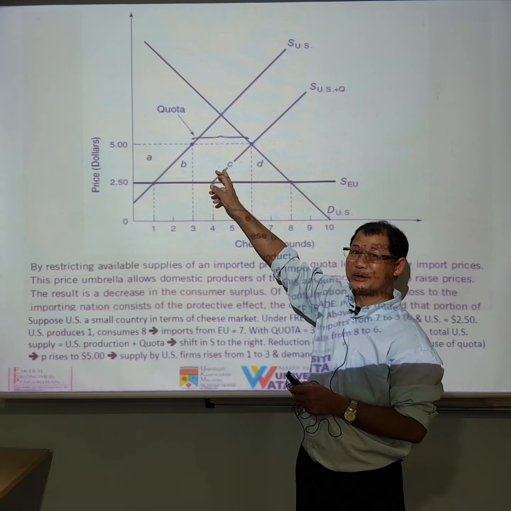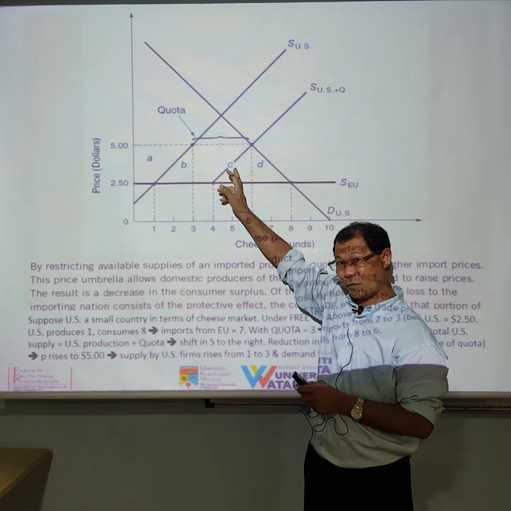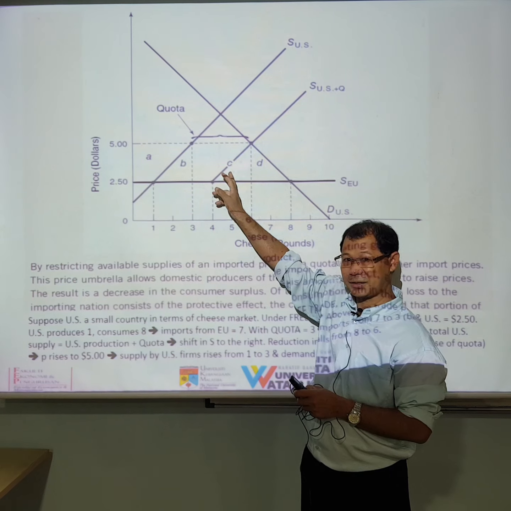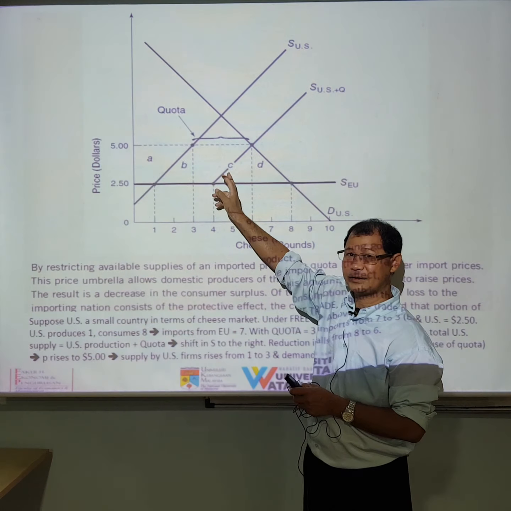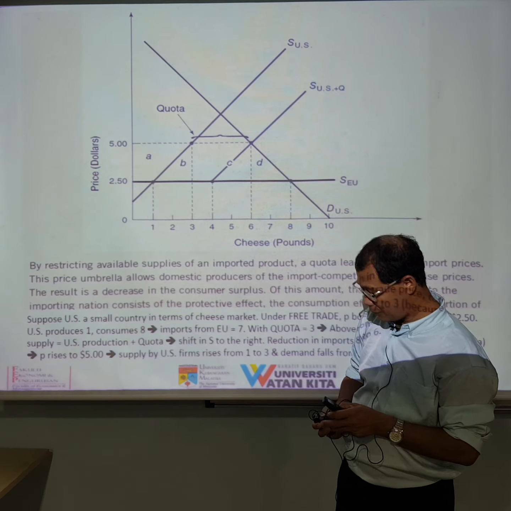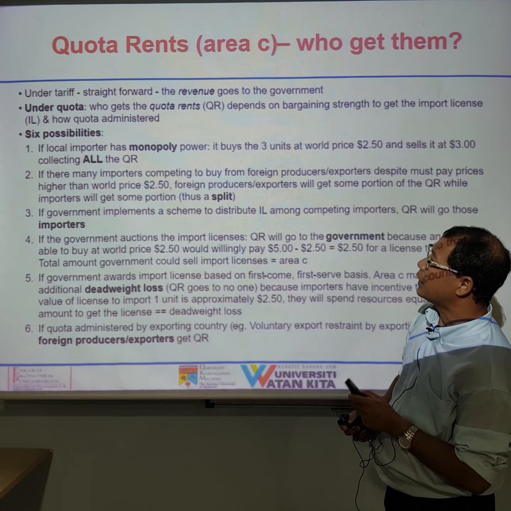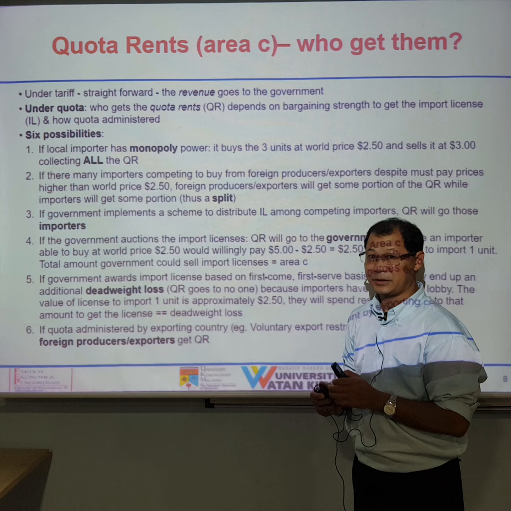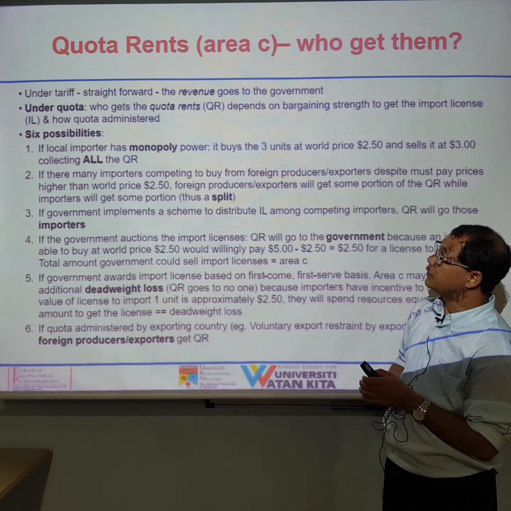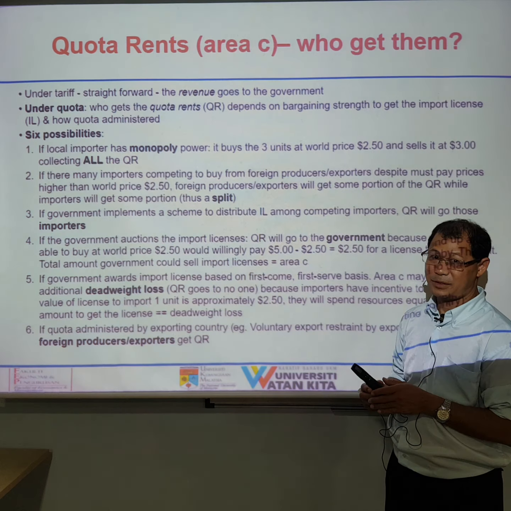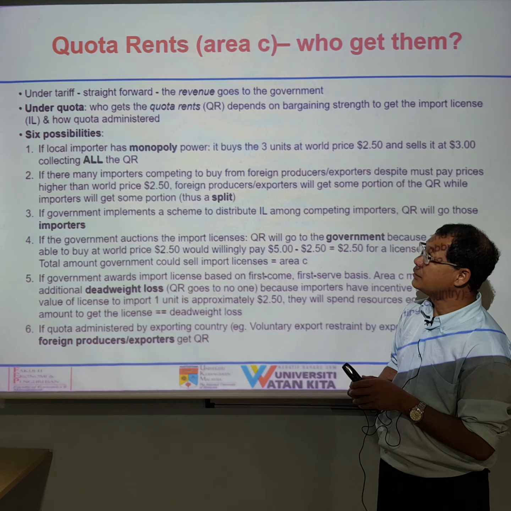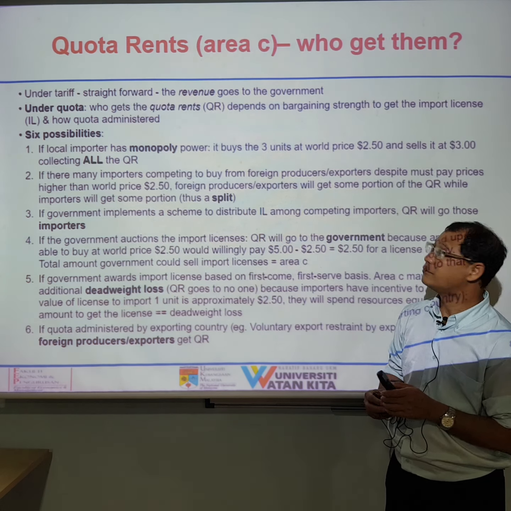We call it quota rents. We don't call it tariff revenue. I'm repeating, we call it quota rents. So who does it go to? Under a tariff, it's straightforward: the revenue goes to the government. But under a quota, who gets the quota rents?